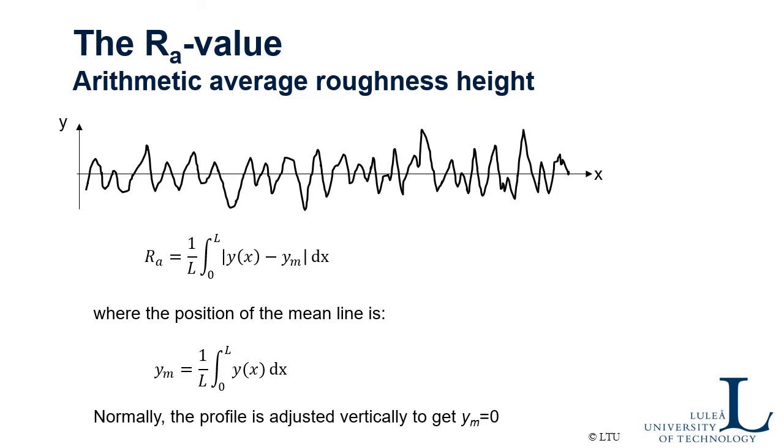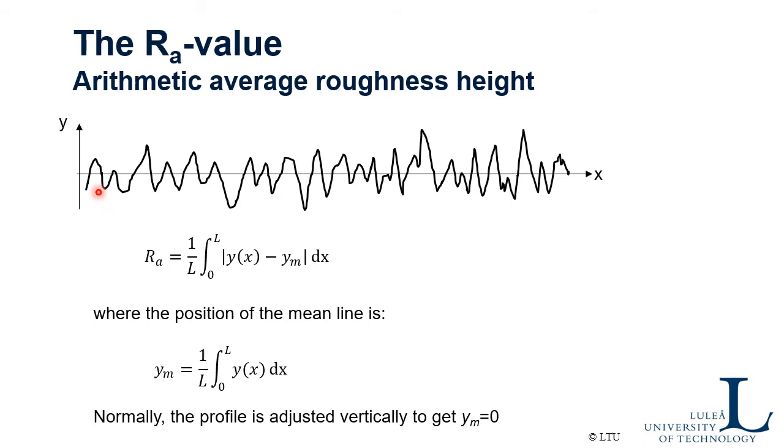As you will see here, we will represent a typical surface with a profile like this. Remember now that this is a kind of exaggerated scaling in the vertical direction in comparison to the horizontal direction.